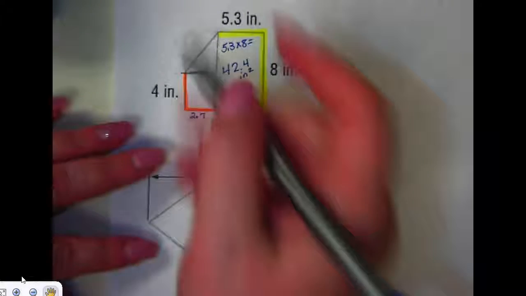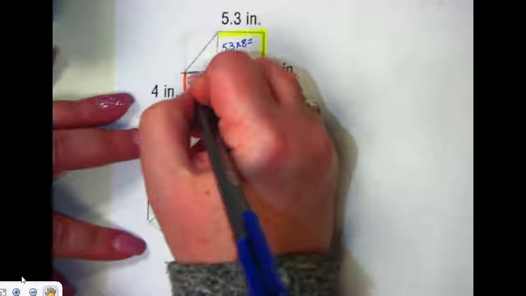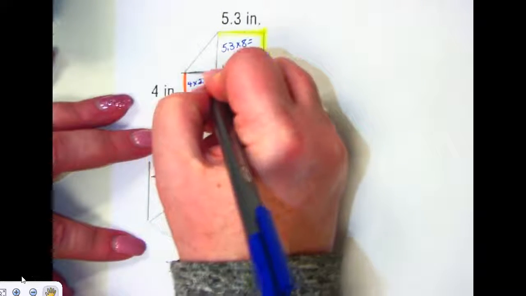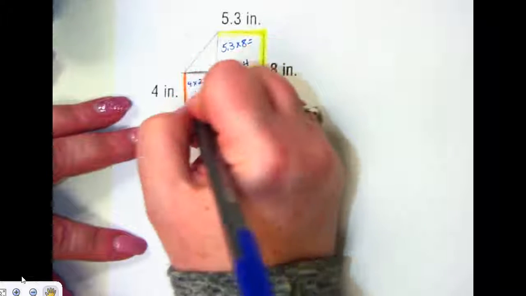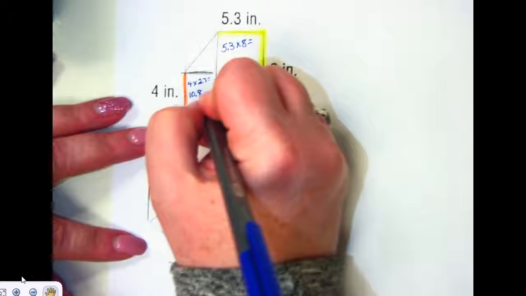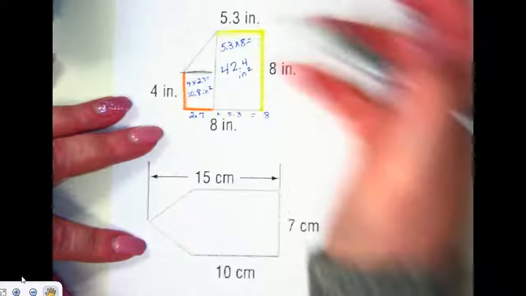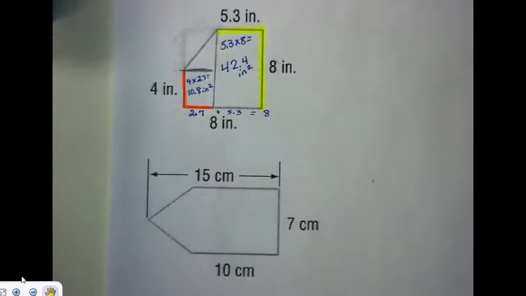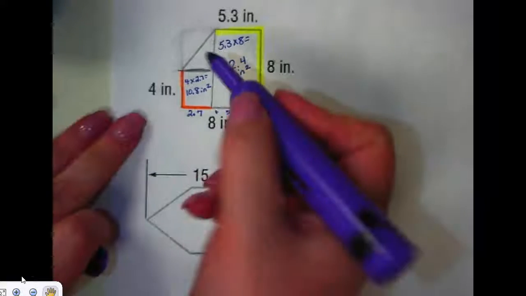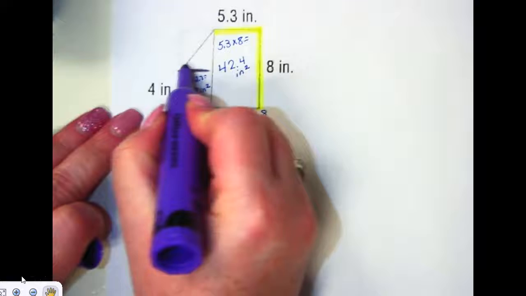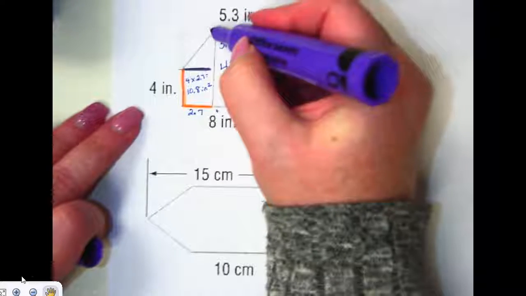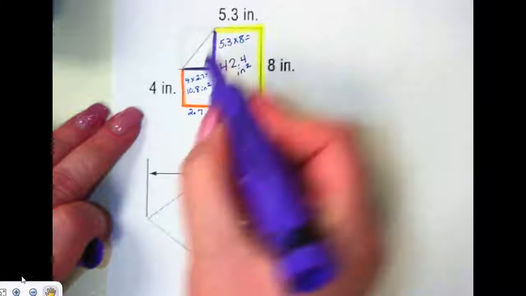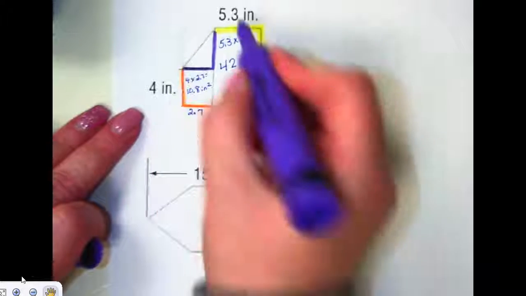Okay, now we're going to multiply 4 times 2 7/10. And we're going to get 10 8/10 inches squared. Now I've got to think about this. The base and the height. Well, there's no numbers there, Mrs. Miller. I don't have any idea what we're going to do.